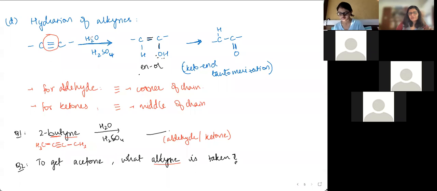So follow the same logic you are following here. Okay. So on adding H2O, H2SO4, there is H and OH being added. And wherever the OH is added, that turns into a double bond. So how will the final product look here? Where will you find the double bond in this case?